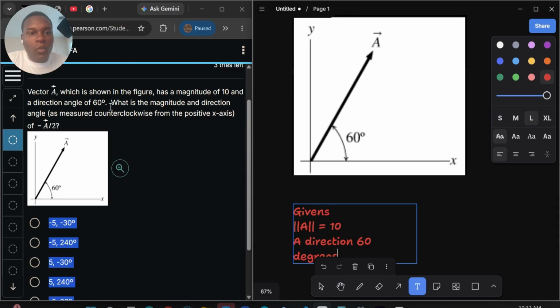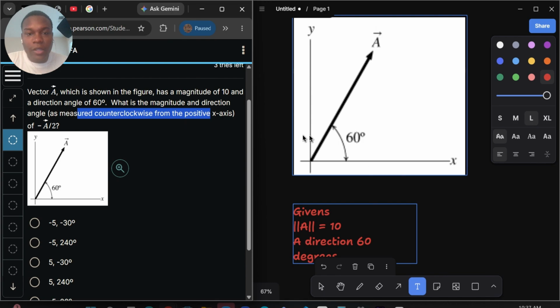What is the magnitude and direction angle as measured counterclockwise from the positive x-axis of negative A divided by 2?